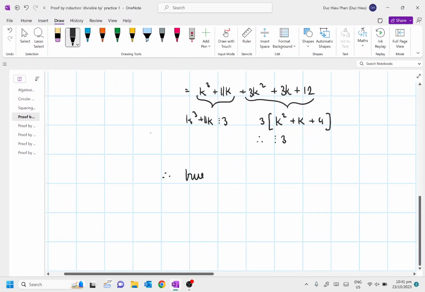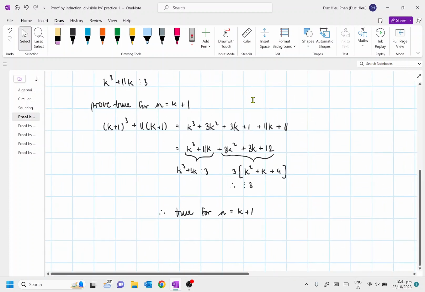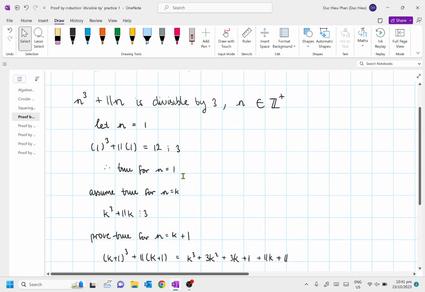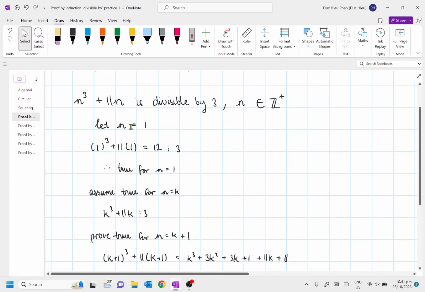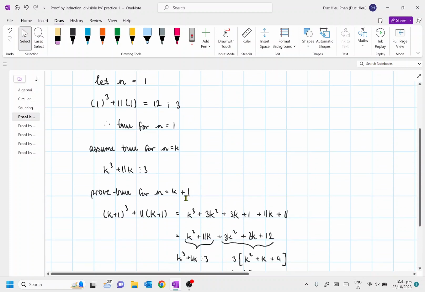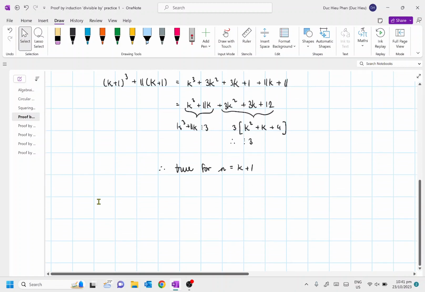Therefore, true for n equals k plus 1. So since we've proven that this equation is divisible by 3 for n equals 1, and for n equals k plus 1 when we assume true for n equals k, we can write the final statement.